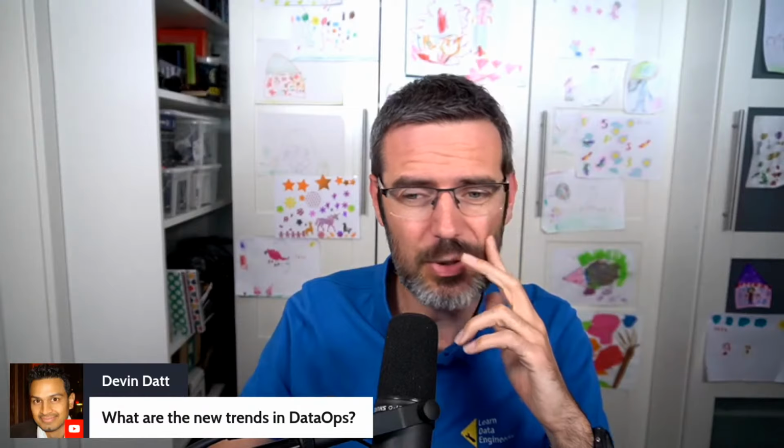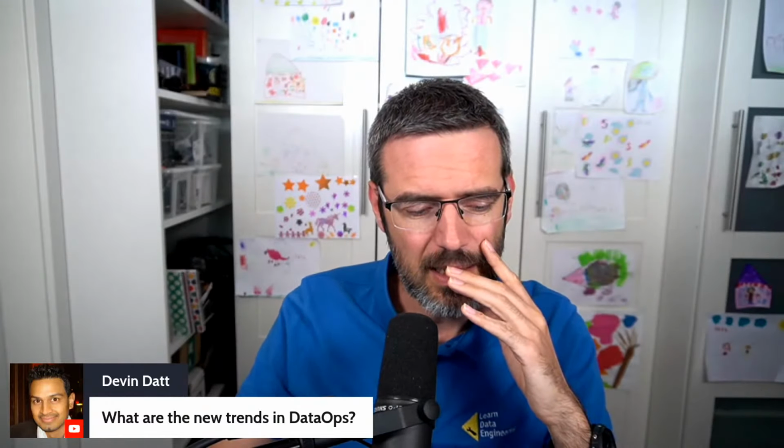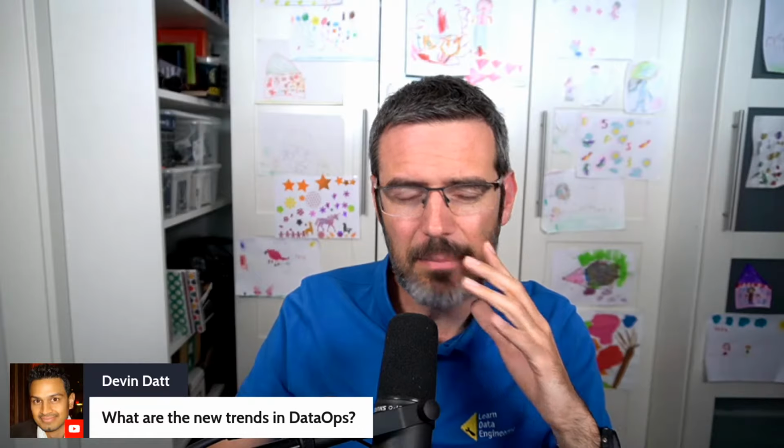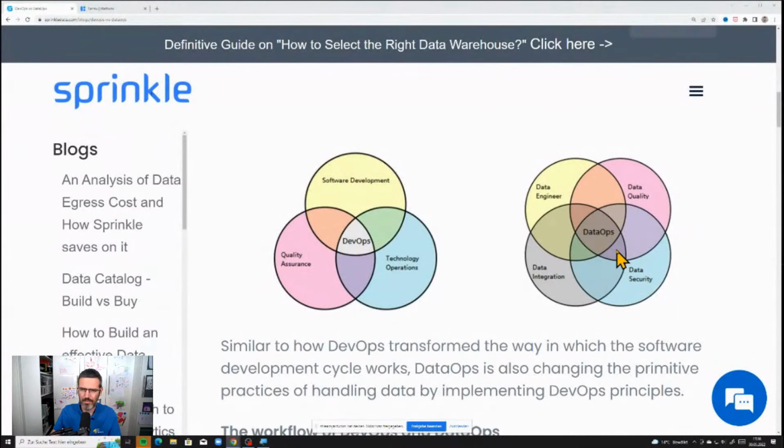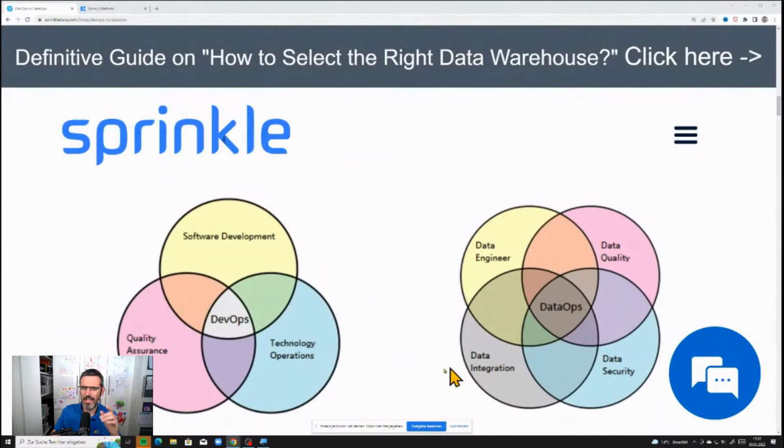What are the new trends in DataOps? That's actually a very good point. I'm not 100% sure. From what I have seen, a lot of stuff is towards the data integration part: automating this, making it easier to get to data and use data from different data sources.